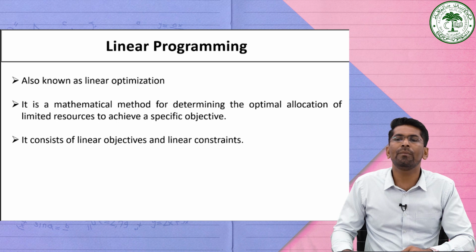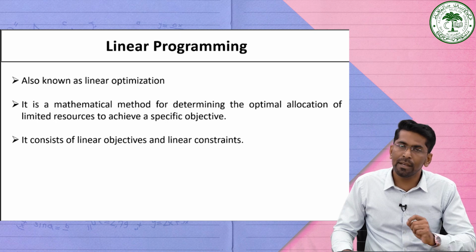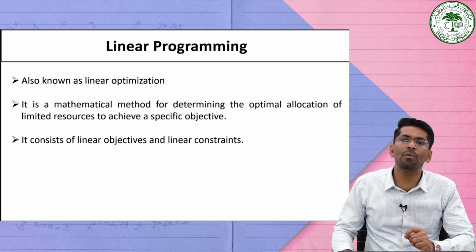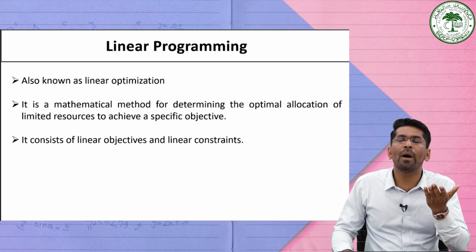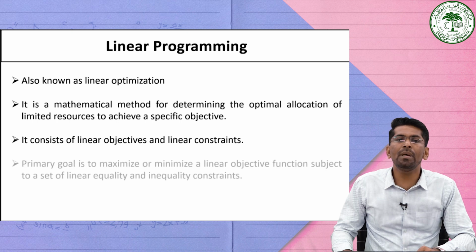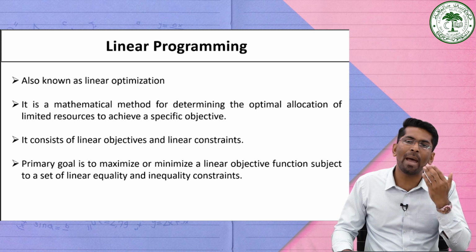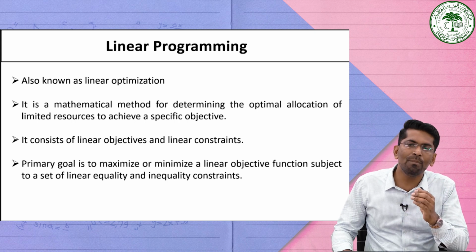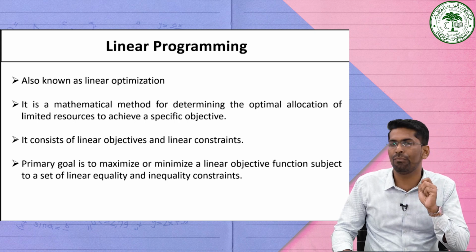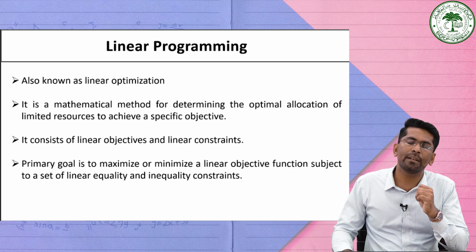In simple terms, a linear programming problem is a set of linear equations used to find the values of variables to optimize the objective function. The primary goal of linear programming is to maximize or minimize a linear objective function subject to a set of linear equality and inequality constraints.